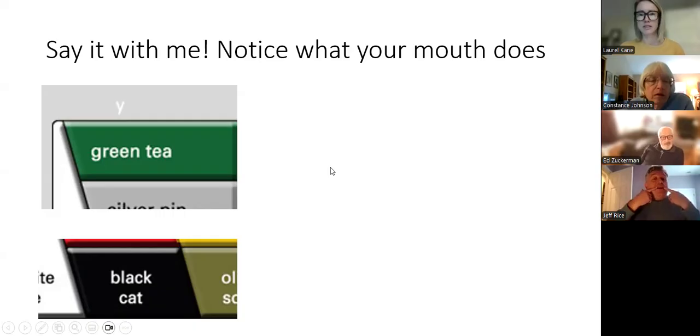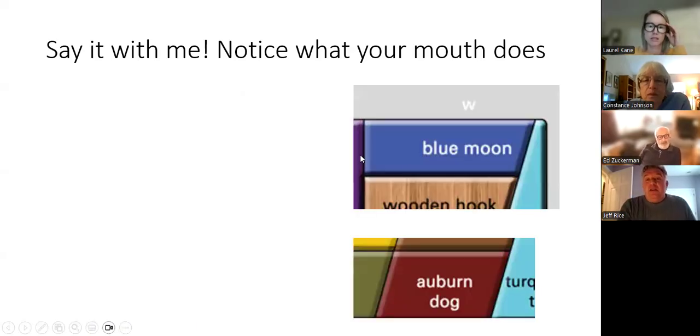Yeah, so green tea, smiling, your lips are wide and your chin is high. Black cat, your chin goes lower, so it is more of an oval. It's still a front vowel, but it's more open. And same thing on the right.